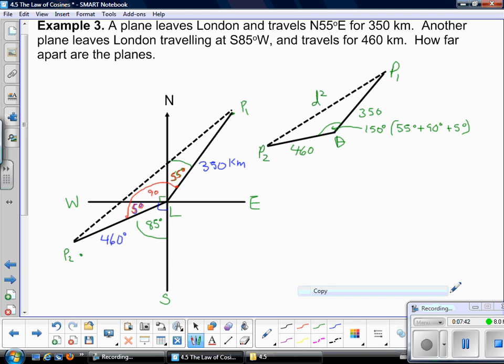So we know that the cosine law says c squared equals, and remember we have to have the cos of c. In this case, it'd be the cos of d. So a squared plus b squared minus 2 times a times b times the cos of c. So let's put these values in.